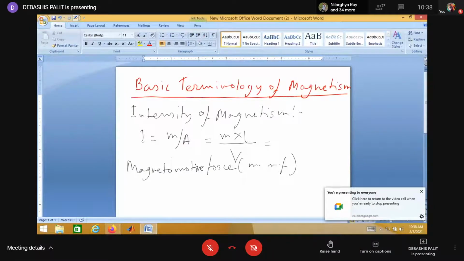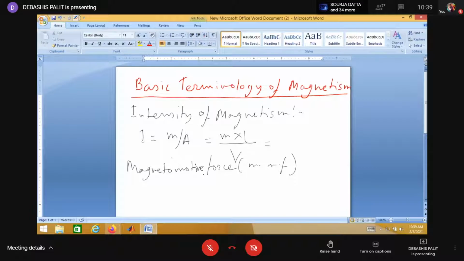In that magnetic circuit, the work done by a unit magnetic pole once around the magnetic circuit, that is the MMF. So if you want to carry a unit north pole once around the magnetic circuit, then the work done by that unit north pole, that is your magnetomotive force.